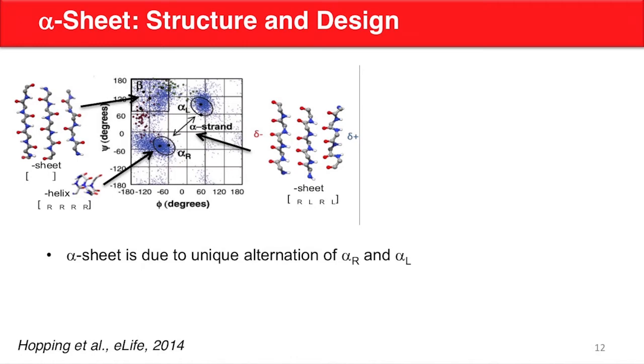You can't deconvolute a spectrum or characterize structure without knowing how that fundamental structure behaves, its signatures, so to speak. And so we decided to make use of this alternating alpha L, alpha R structure to make model compounds, small alpha sheet hairpins.